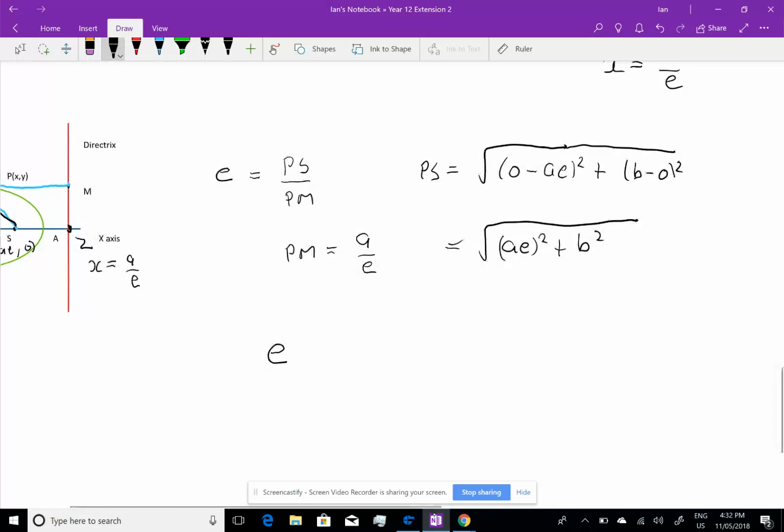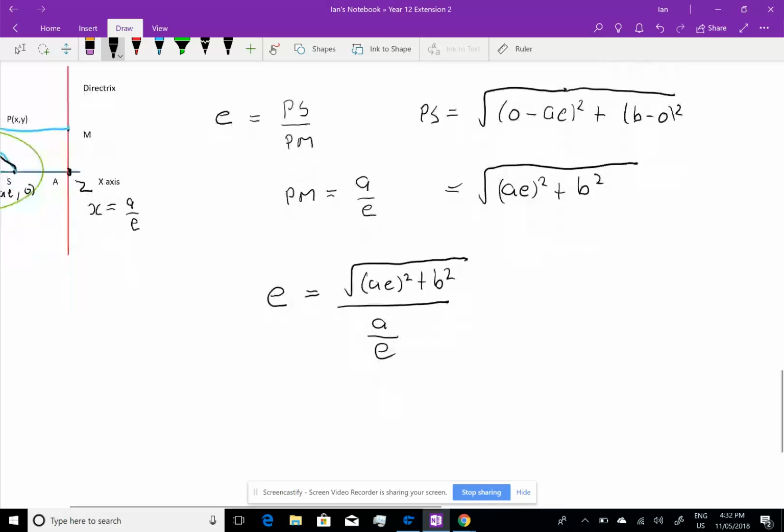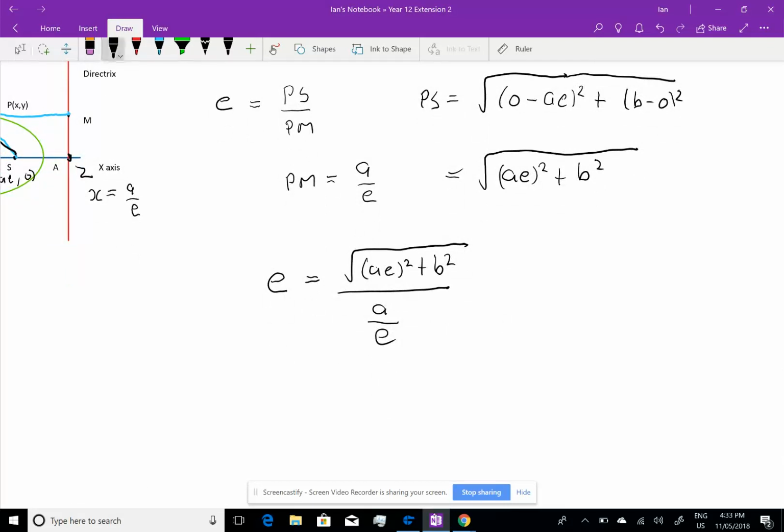So E equals PS on PM. So the square root of AE squared plus B squared all over A on E. We'll multiply that A on E across, times E, equals the square root of AE squared plus B squared.